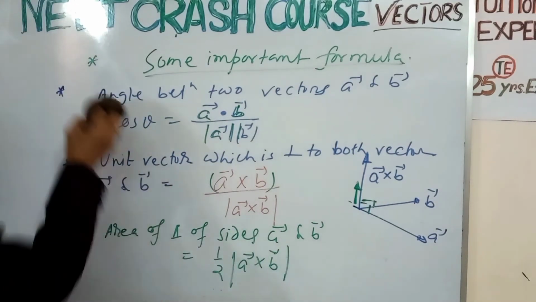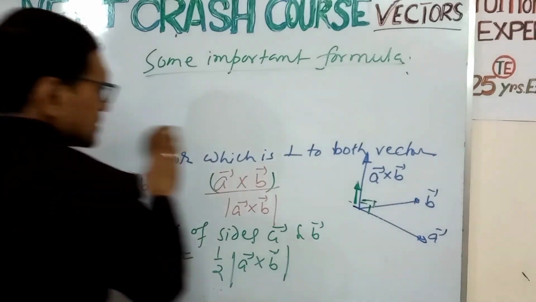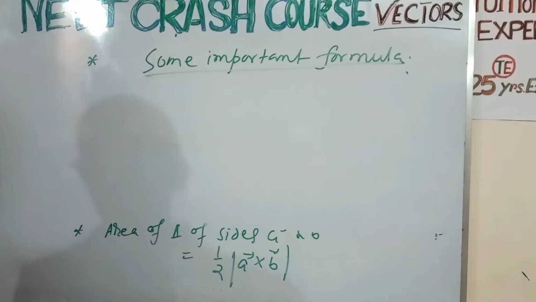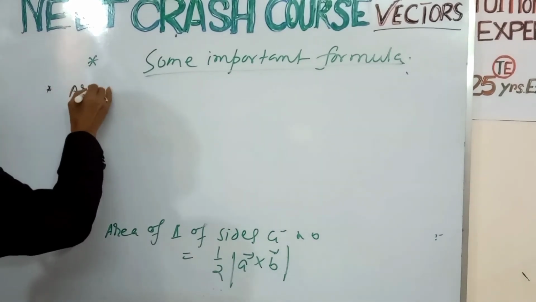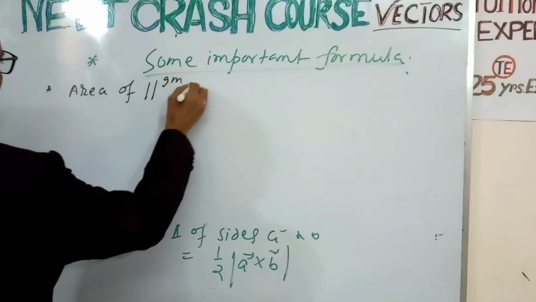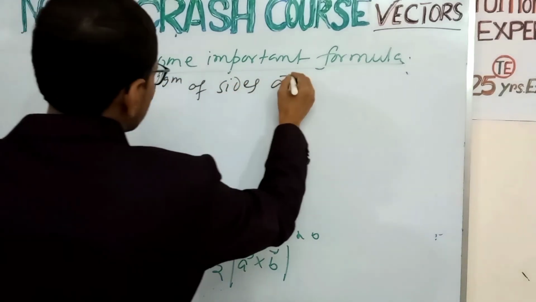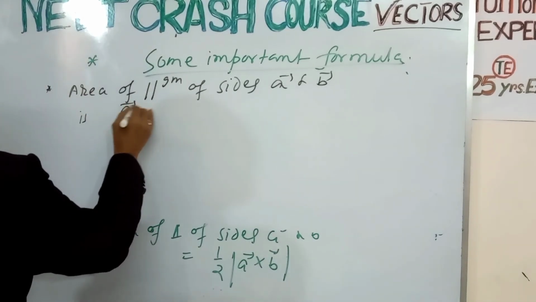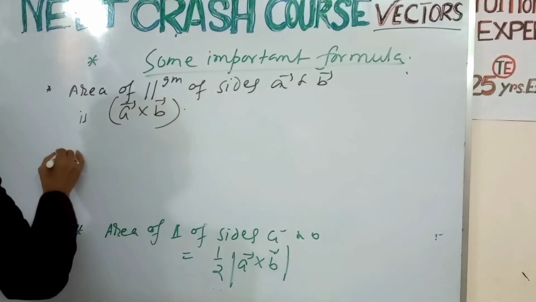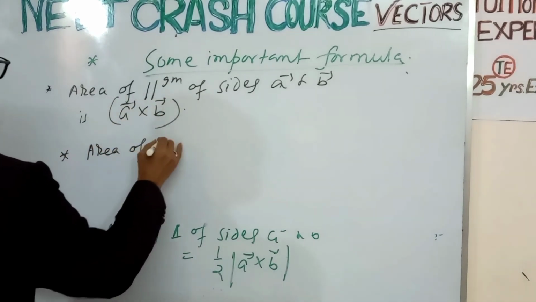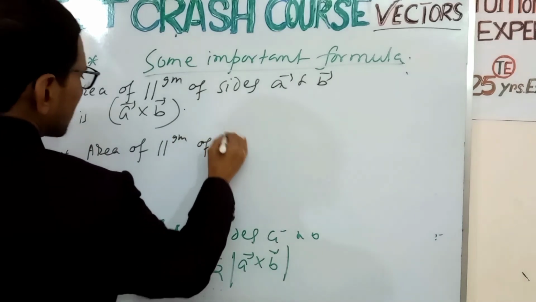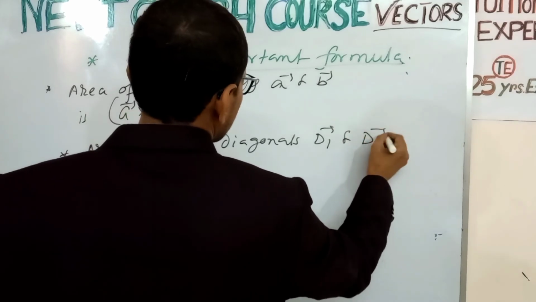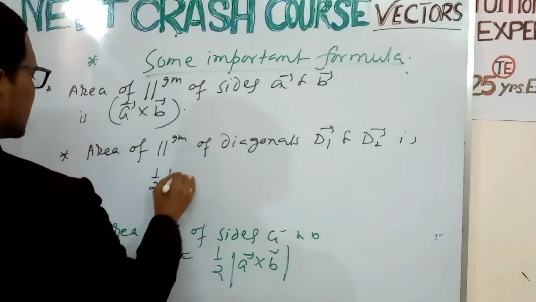And the area of a parallelogram of sides a and b is a cross b, and the area of a parallelogram of diagonals d1 and d2 is half of d1 cross d2.